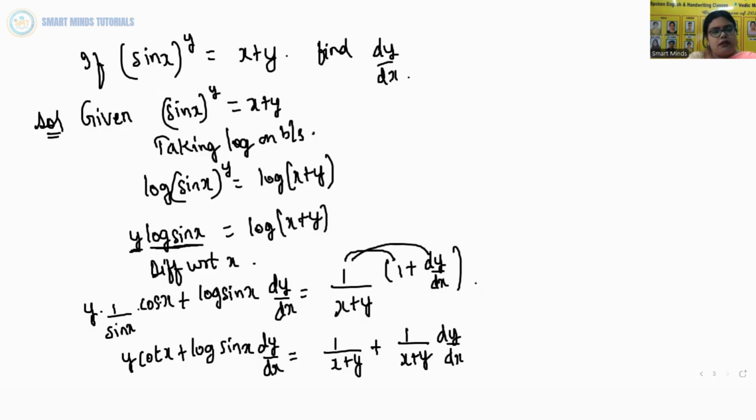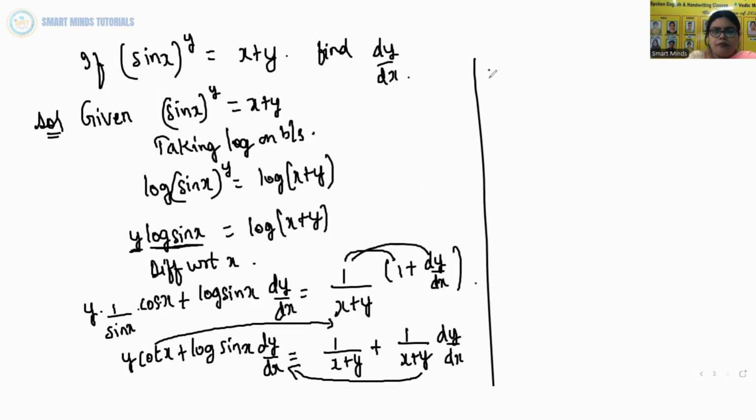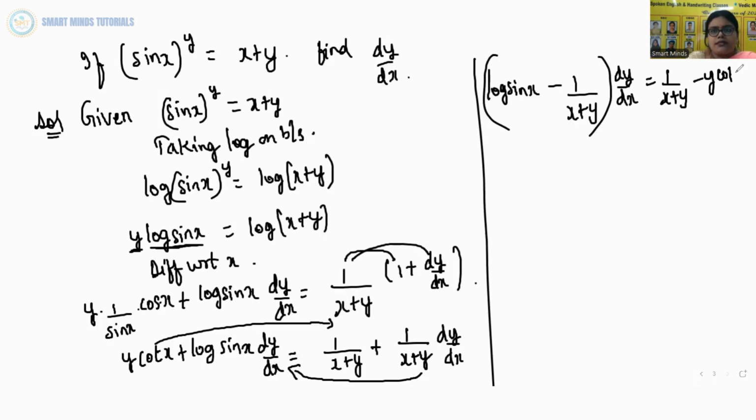Now we'll take both dy by dx terms to one side and the non-dy by dx terms to the other side. So I'm taking this term to the left-hand side and y cot x to the right-hand side. So we get (log sin x minus 1 by (x plus y)) into dy by dx equals 1 by (x plus y) minus y cot x.